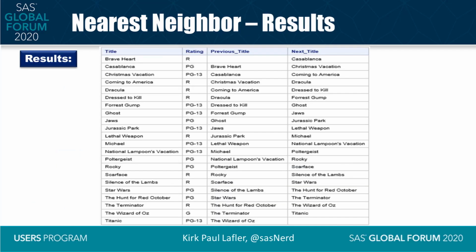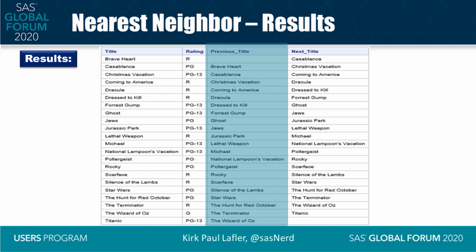The results from this, and if we look at the rows in the movies table, title, Braveheart, Casablanca, Christmas Vacation, Coming to America, etc. And if you go over to previous title for Braveheart, there wasn't one, so it's blank or missing. The next title says Casablanca. If you go down to the second row, you see Casablanca.